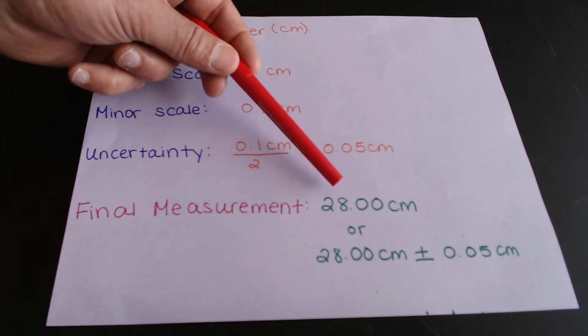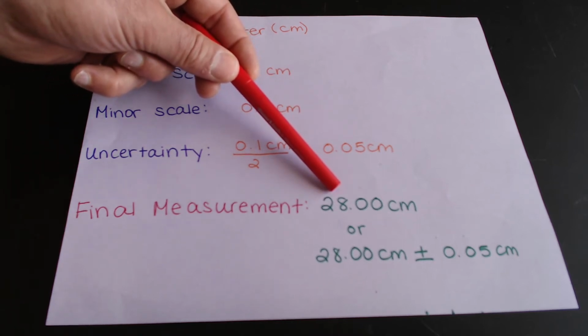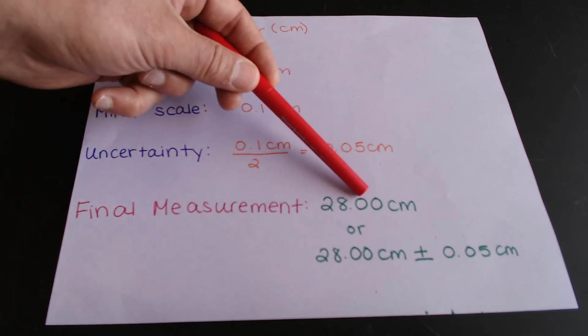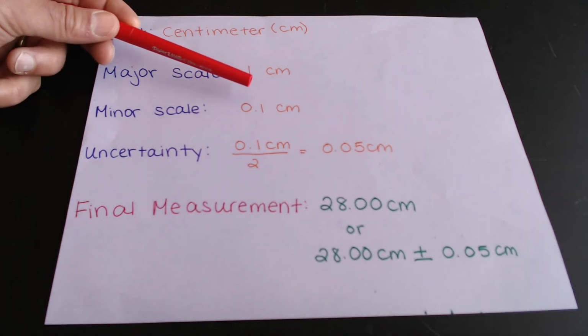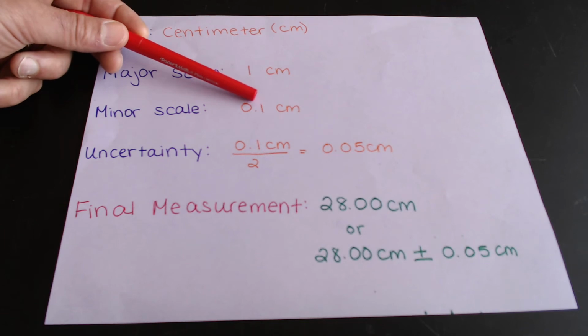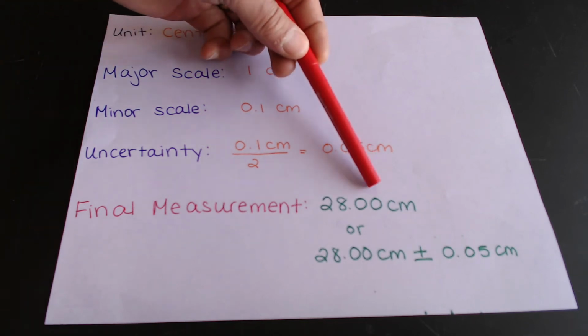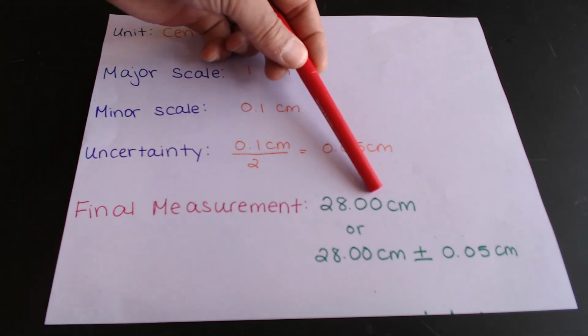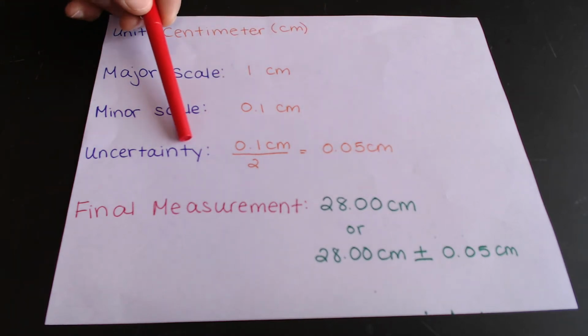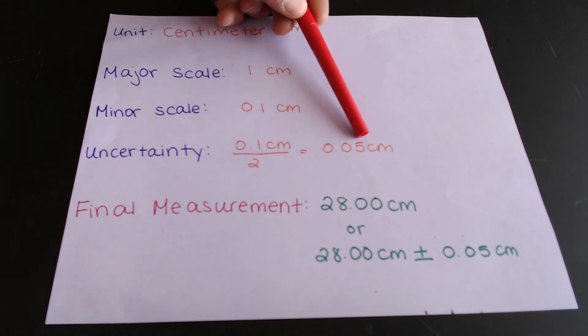So 28 centimeters comes straight from reading off the ruler. My minor scale, again, comes from reading the smallest line on the ruler. But now we have another 0. And again, you might be a little confused and say, well, where does that one come from? That represents our place value for our uncertainty, right, down here.